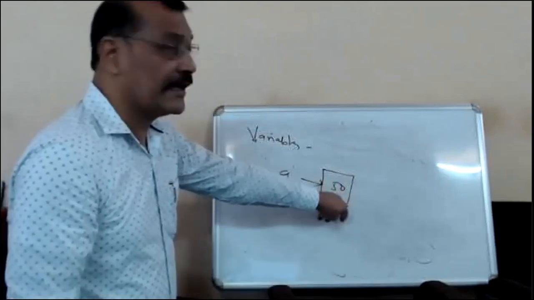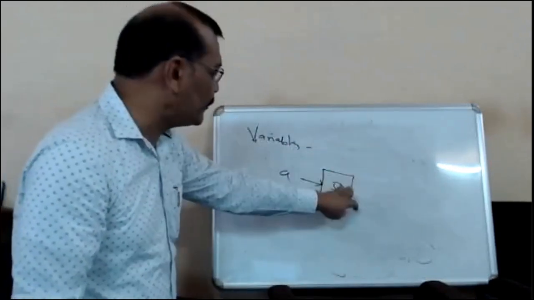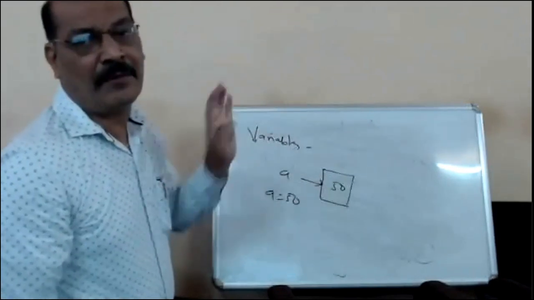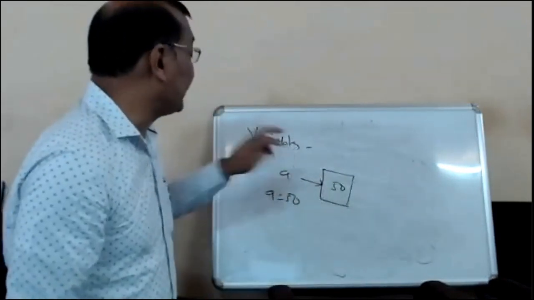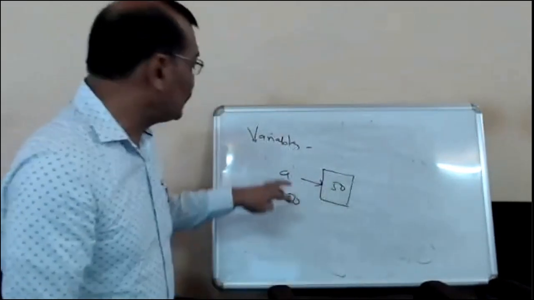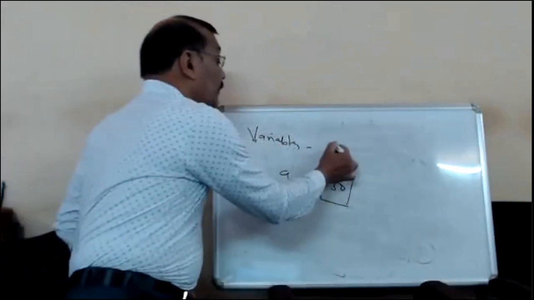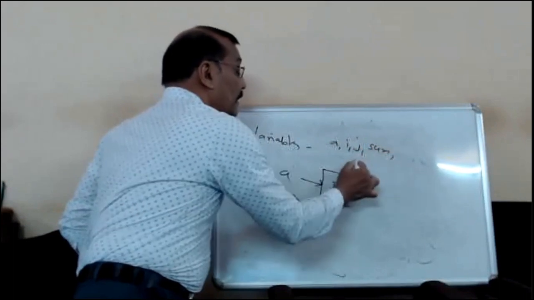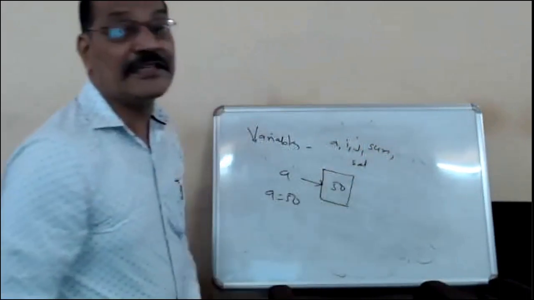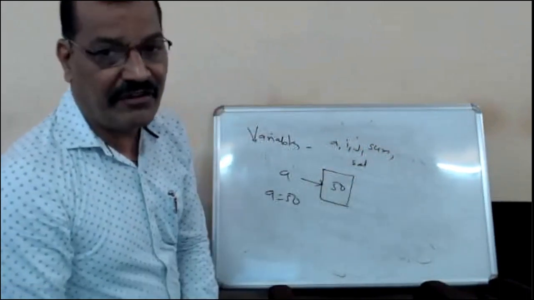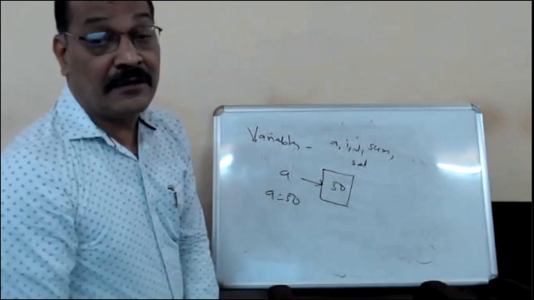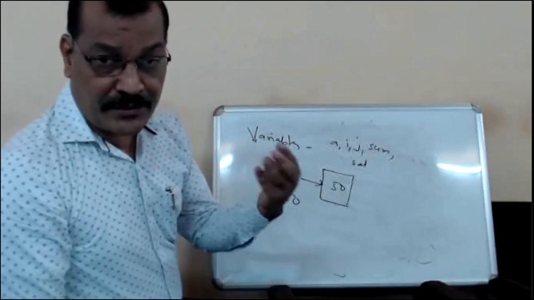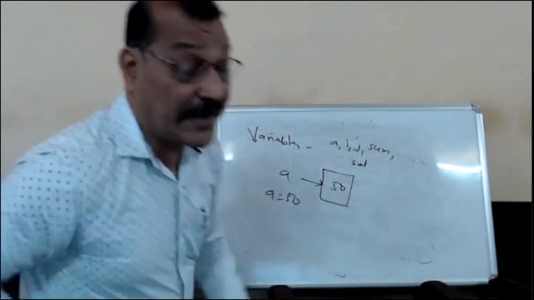Variable is the container in which you can store the value and assign a name to the particular value, that is known as a variable. A is a variable, I is a variable, J is a variable, sum is a variable, salary is a variable. All these are variable names that you can define and store the value against its location.